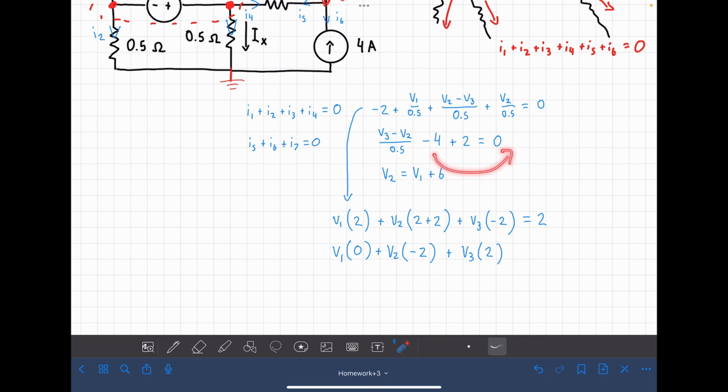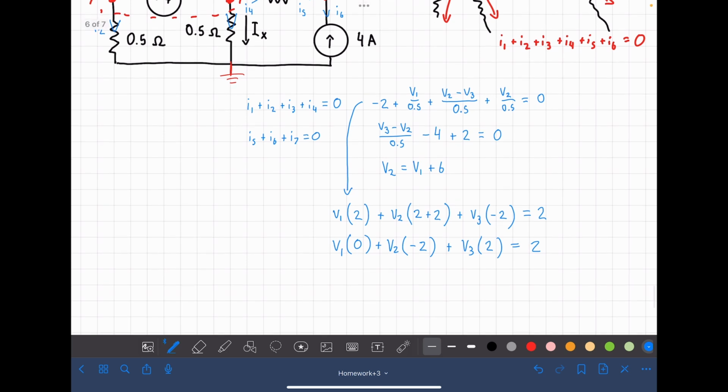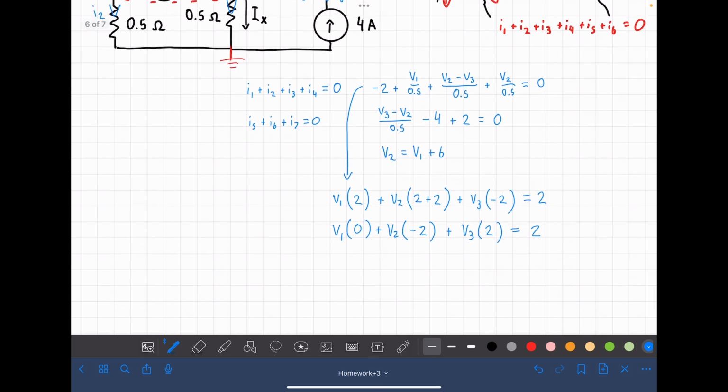Plus 4 minus 2, that's another positive 2. Then our final equation, if we bring V1 to the other side, we have V1 negative 1 plus V2 just 1, and all that is equal to 6.